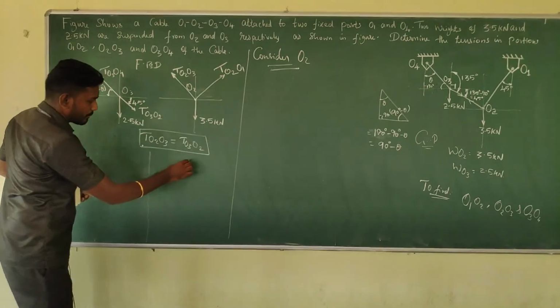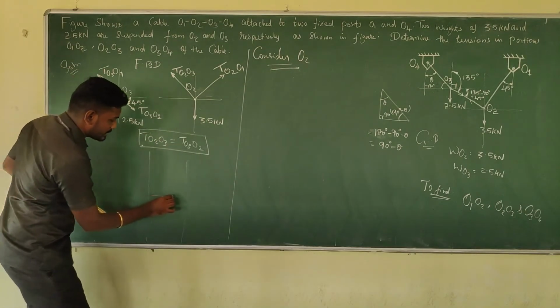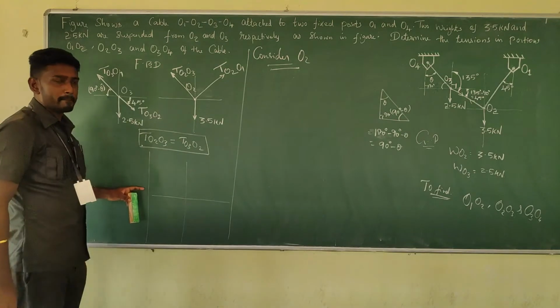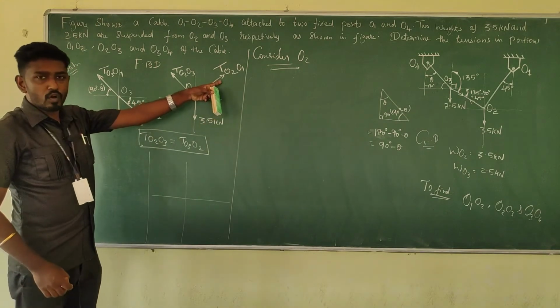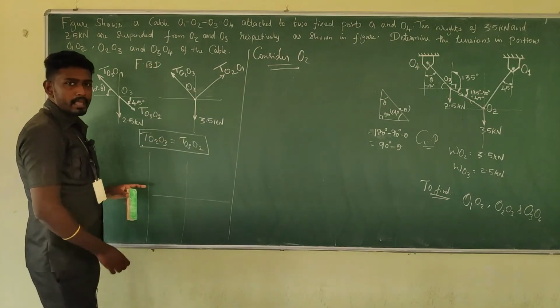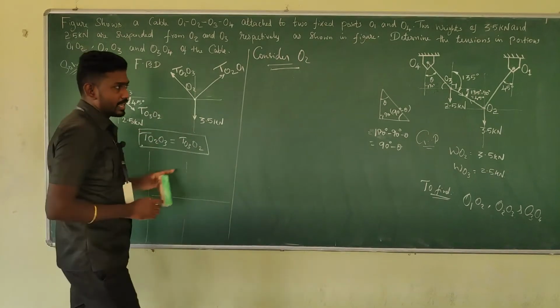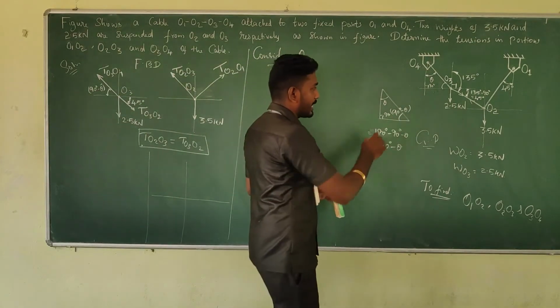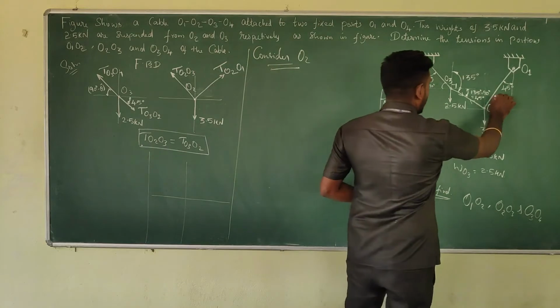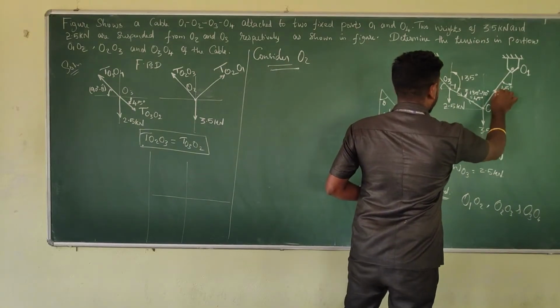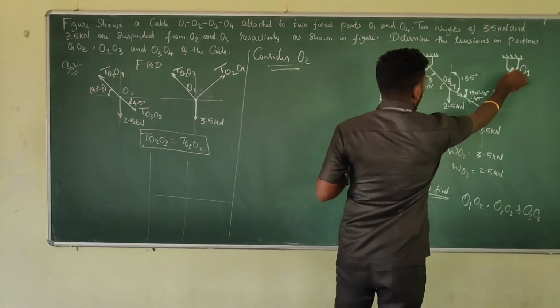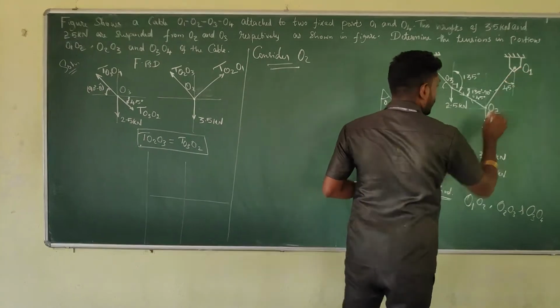Here is the joint. So for that, just draw a cross line. First quadrant, we have a force which is inclined. Okay, and here we need an angle that must be calculated from this diagram. Okay, that is very easy. So this is the exact one. Am I right? Tension at O2 to O3. Sorry, O2 to O1. Right.